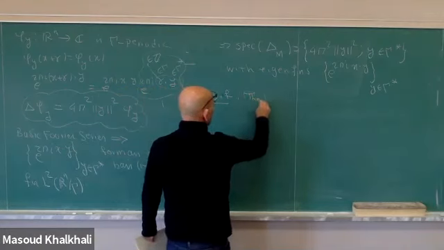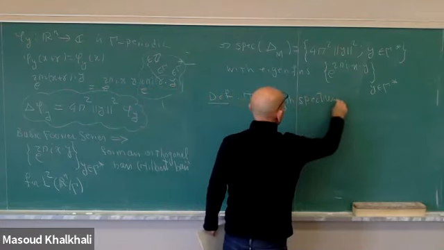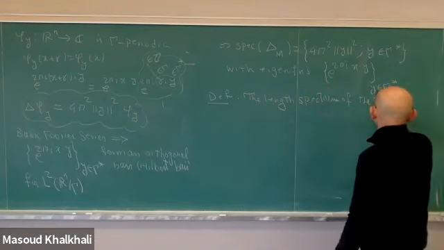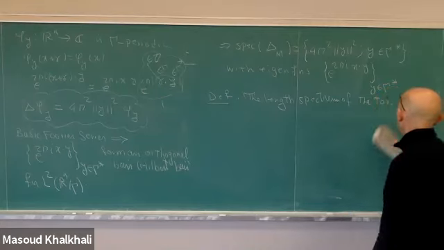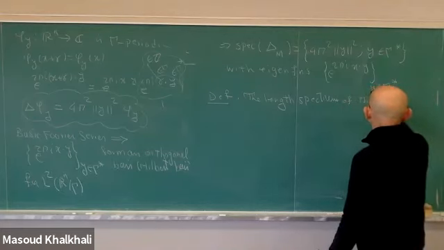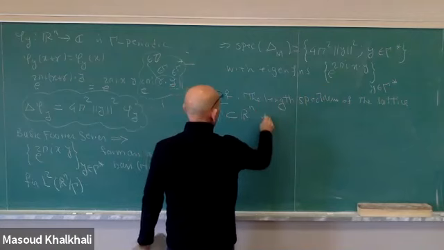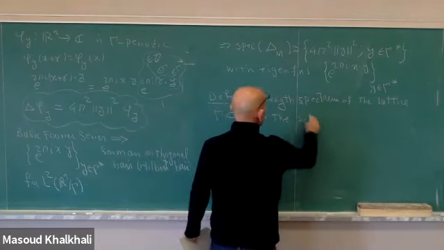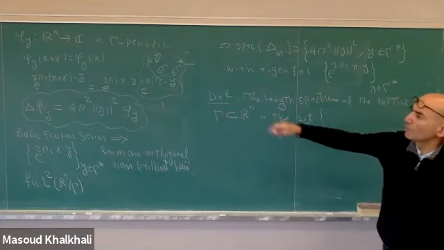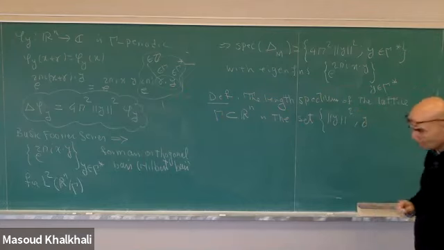The length spectrum of the torus, I can even say of the lattice, is the set of norm of y squared, where y belongs to gamma.